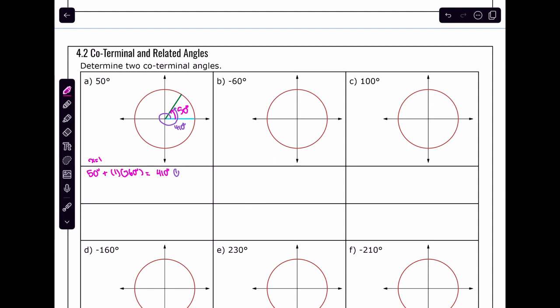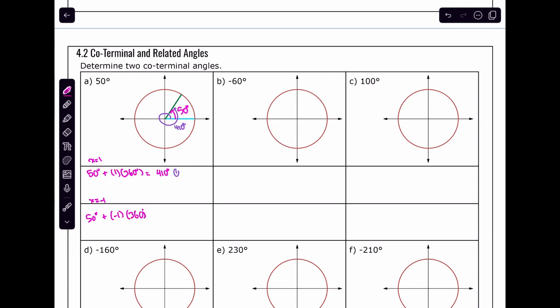The next one I'll do when x is equal to minus 1. So I'll do 50 degrees plus minus 1 times 360.